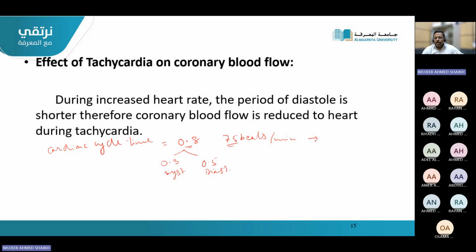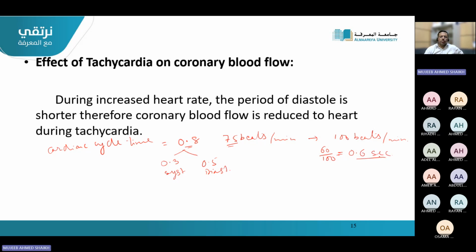Suppose the heart rate increased to 100 beats per minute. What will be the cardiac cycle time then? 60 divided by 100. How much? 0.6 seconds.